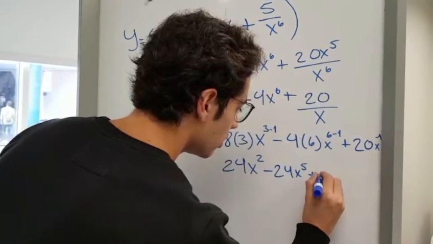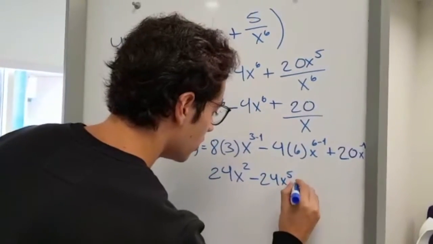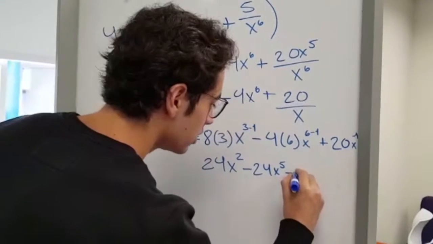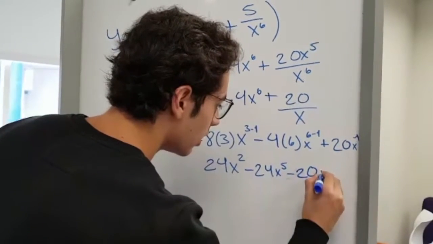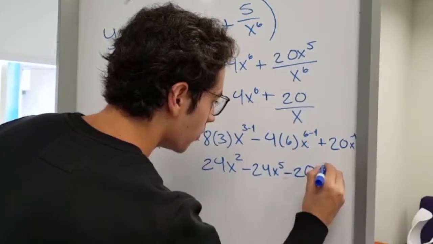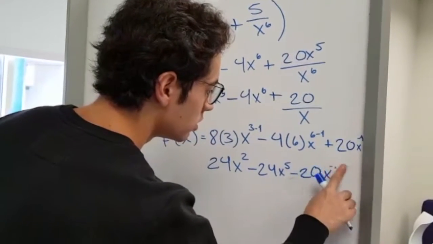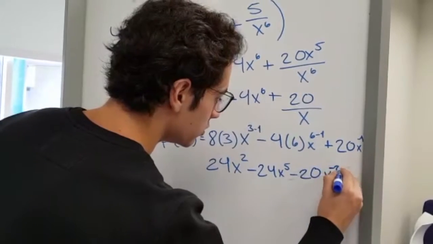Plus, no, minus, because it's a negative 1 and you need to multiply it by 20x to the minus 1, which is equal to negative 2.